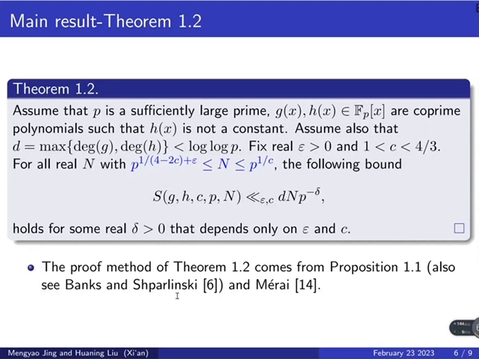In some intermediate process, we have done some new work based on Merrill's method. We note that theorem 1.2 requires c to be less than 4/3, N to be in the blue range, and the degree of the polynomials g(x) and h(x) are less than log p.